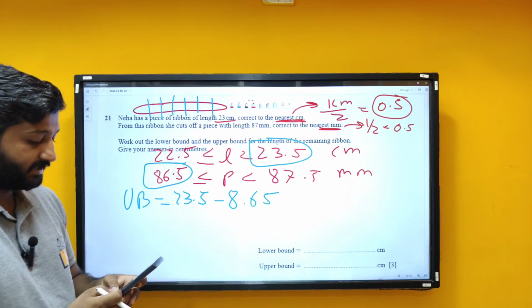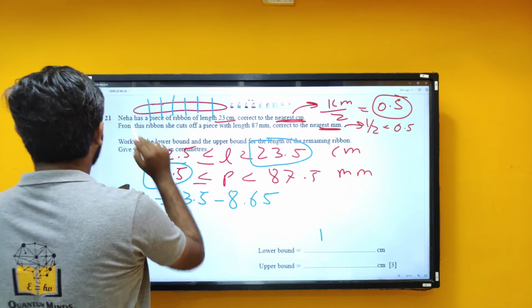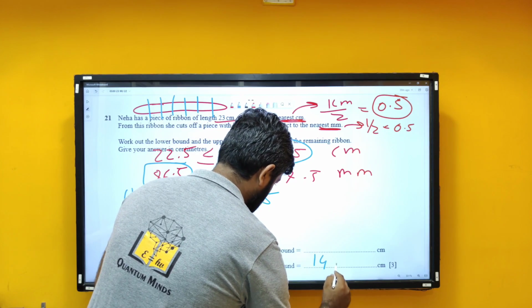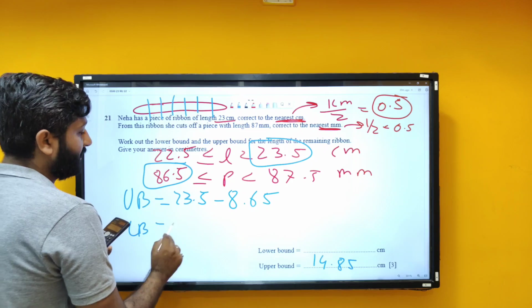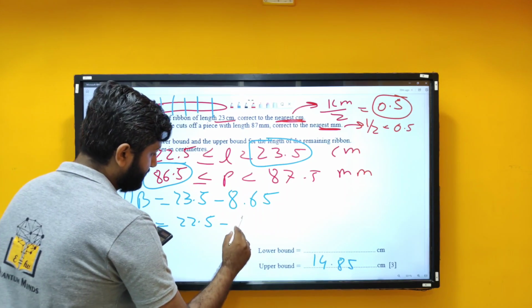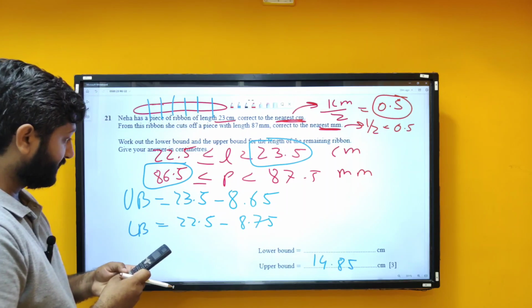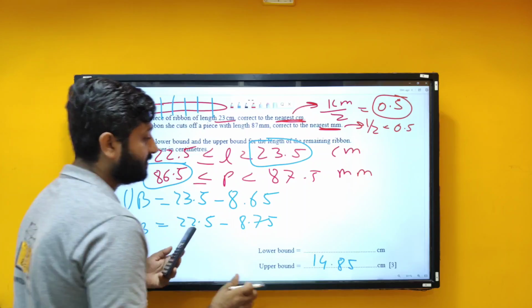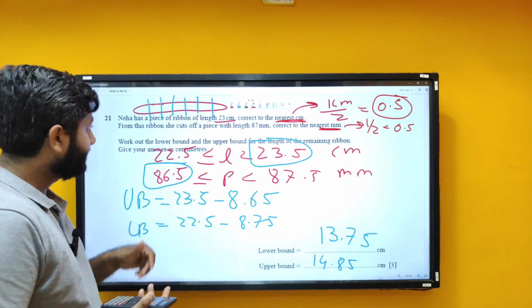So 23.5 minus 8.65, the upper bound is 14.85. For lower bound, I'll have to take least possible value, which is 22.5 minus 8.75. So 22.5 minus 8.75 is 13.75, my lower bound, right?